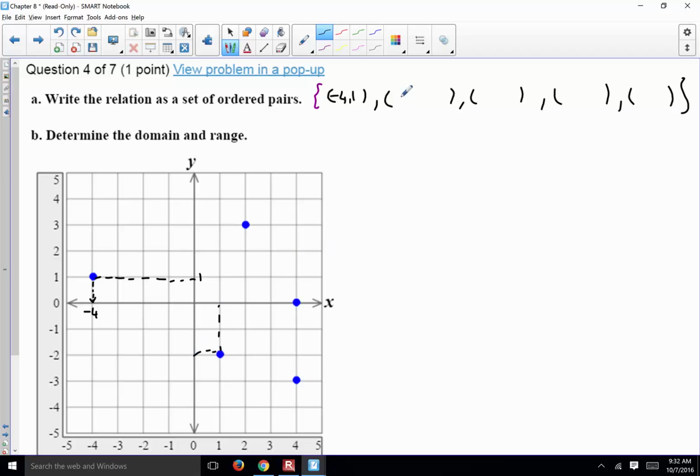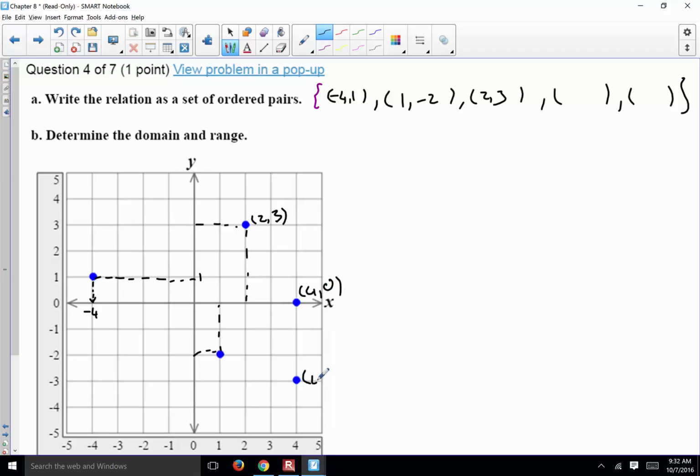-4, 1. The next one is, anyone? 1, -2. Third one, 2, 3. Next one. Oh, by the way, you can also put those numbers next to the point. What is that? I don't see anything for Y. It is 0.